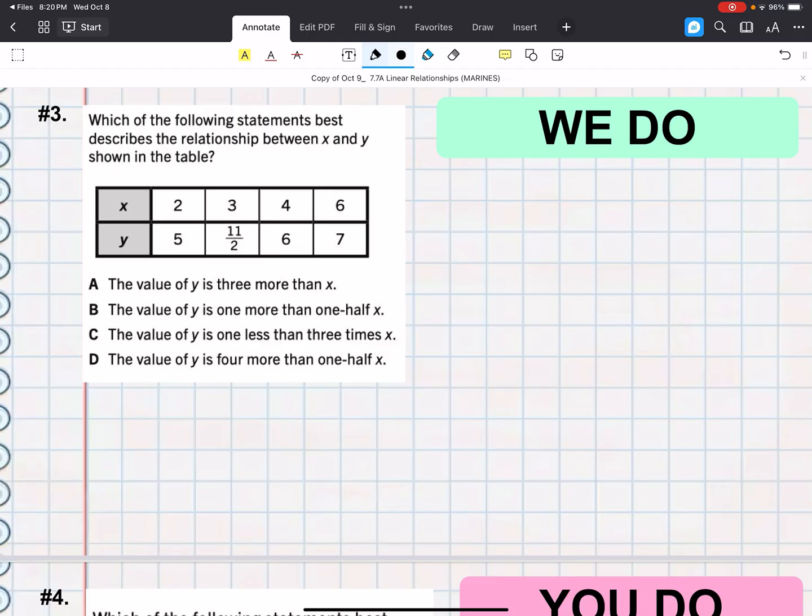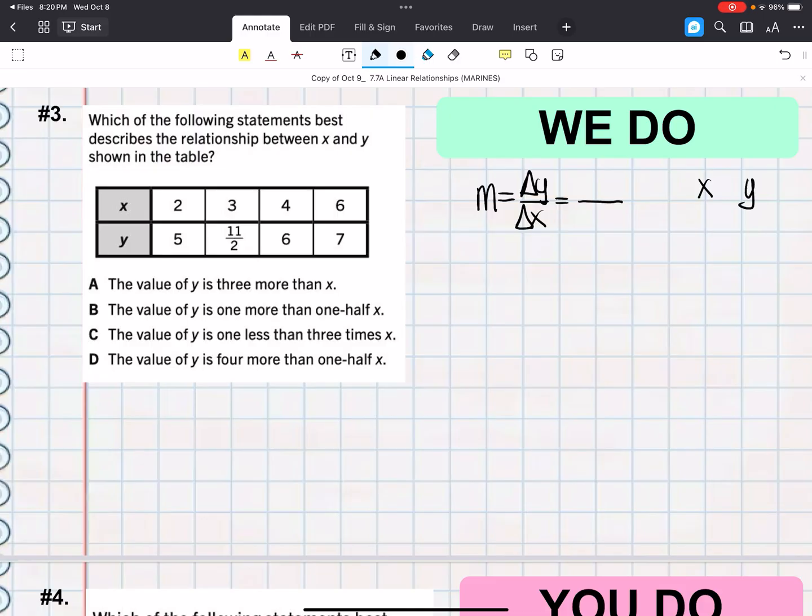Now, we do not know what our initial amount is, but we can also identify what our rate of change is. Remember, by doing your change in Y divided by your change in X. And it doesn't matter what 2 ordered pairs you choose.